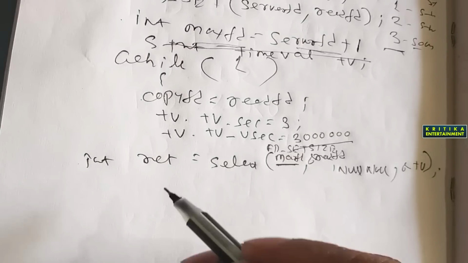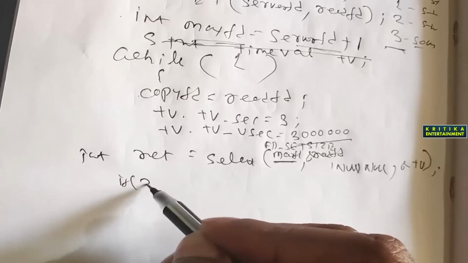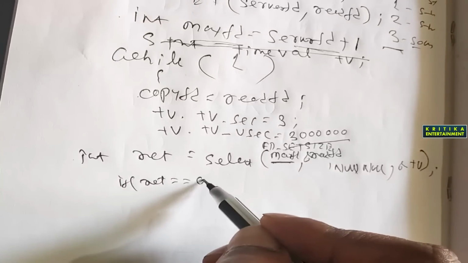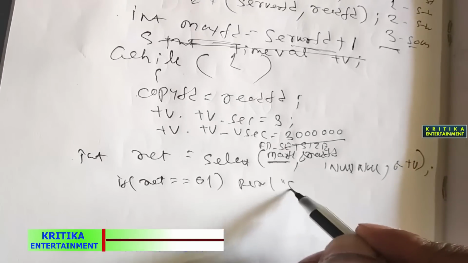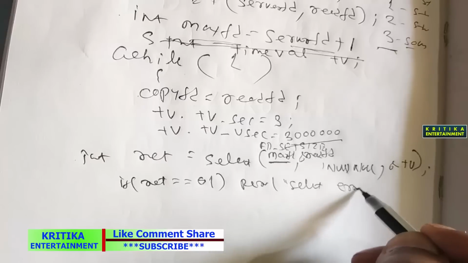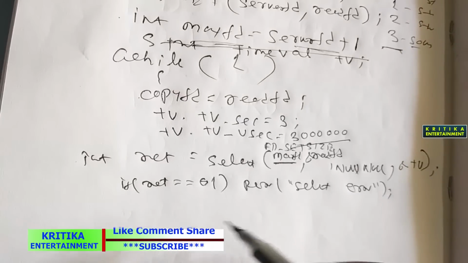Then here we write: if return is equal to -1, then perror "select error".